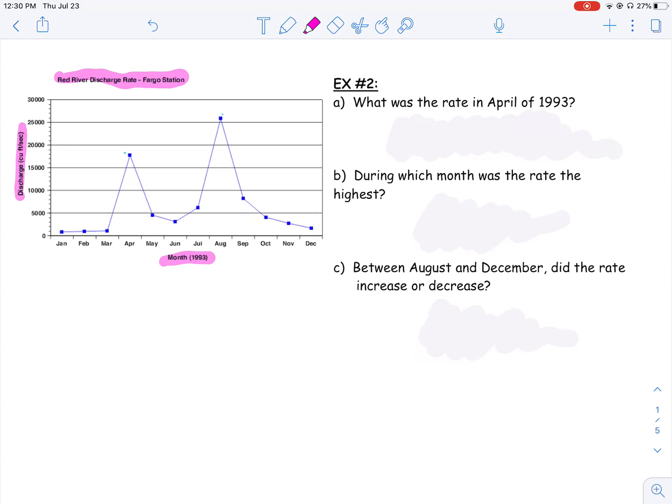Okay, so example number 2A says, what was the rate in April of 1993? So let's find April. Let's follow it up on the line graph, and let's figure out approximately what the rate was that month. So if I follow it over, I end up getting approximately 18,000 cubic feet per second.